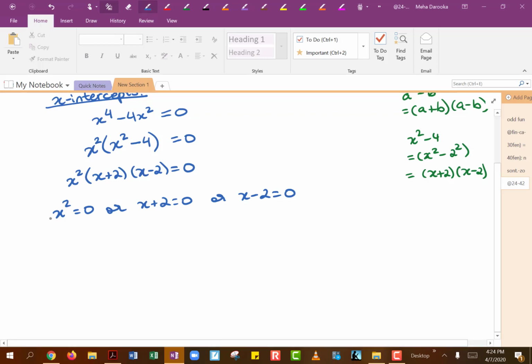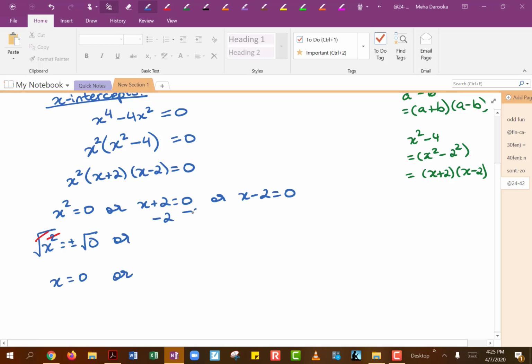This one here, of course, we end up taking a square root on both sides. So square and square roots cancel out, giving you x equals 0. And 0, of course, does not take a positive or a negative sign.